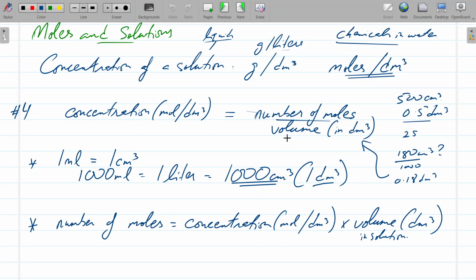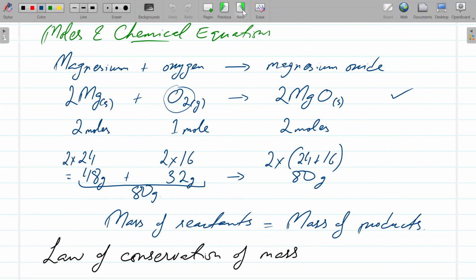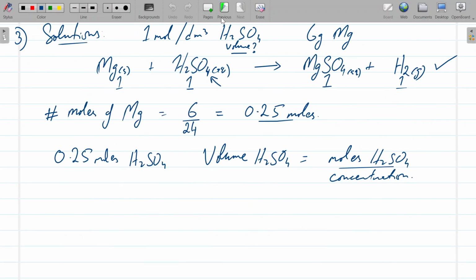So what we want right now is the volume. So volume would be number of moles divided by concentration. Again, it's not new. If you remember the basic formulas, you can use them as you require.